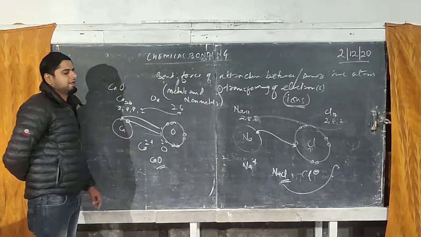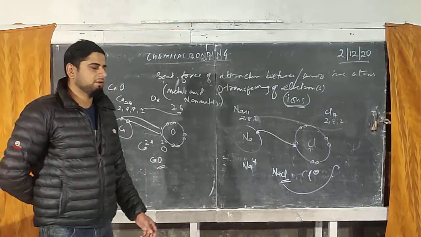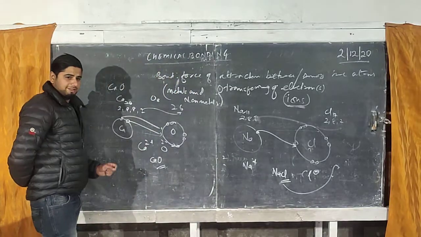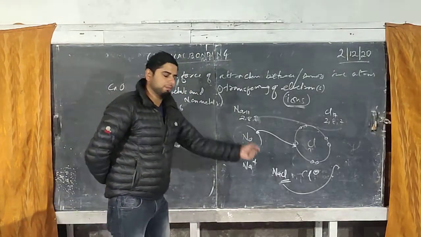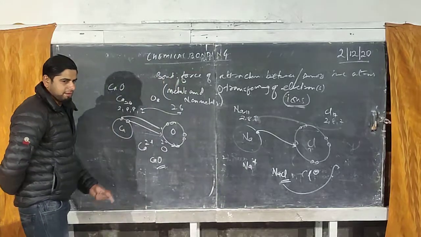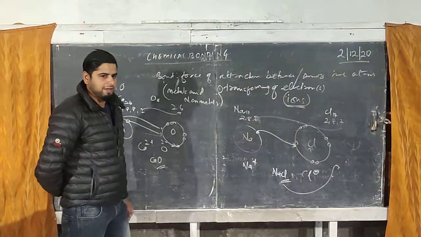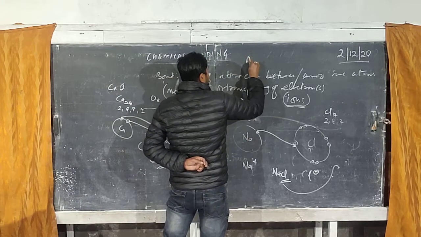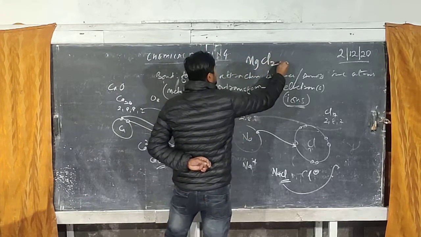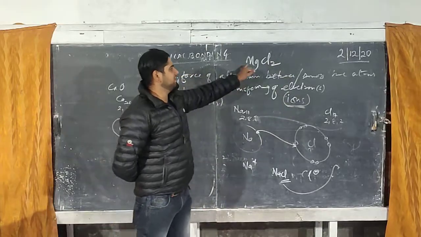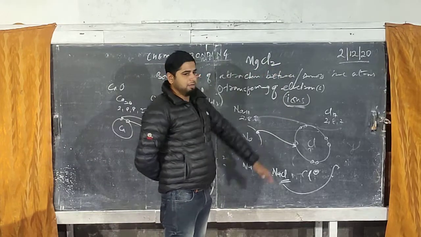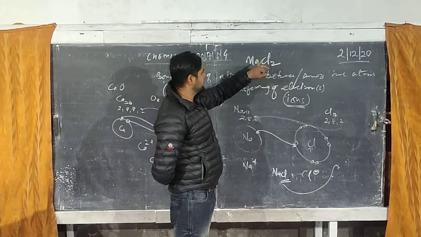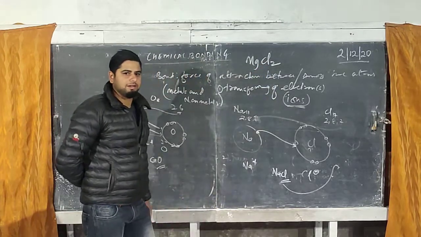If you see any kind of metal and non-metal in a compound, then the compound is an electrovalent compound, and the bonding is electrovalent bond or ionic bond. I'll give a simple example. This is MgCl2. Mg is a metal, Cl is a non-metal. So you can directly say this MgCl2 is an ionic compound or electrovalent compound.